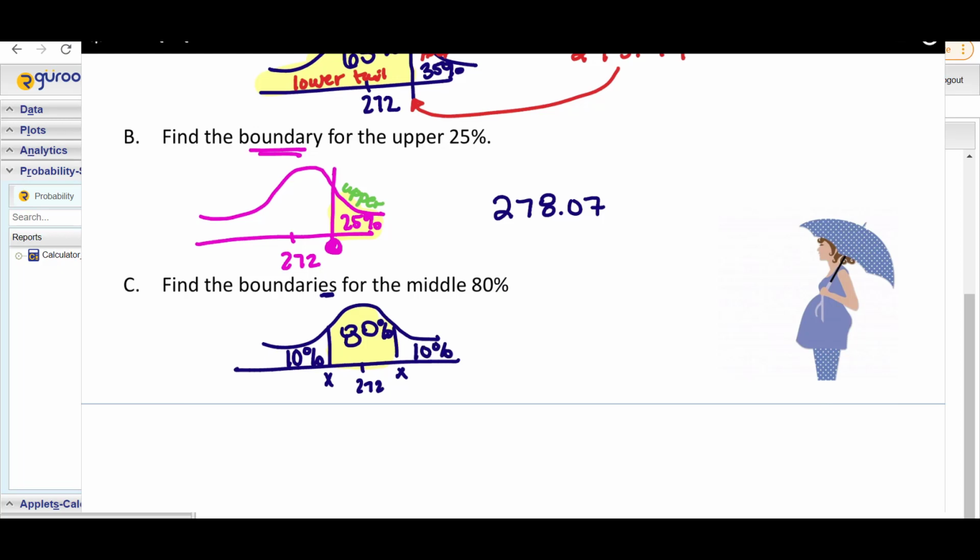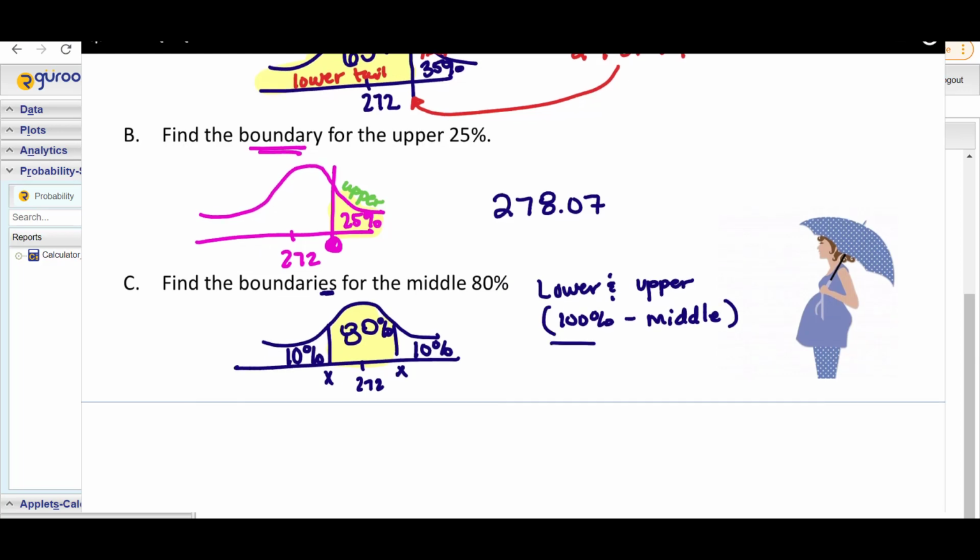So if they give you a middle, to find the lower and the upper tails, do 100% minus the middle, and then divide that by 2. So 100 minus 80 is 20, and 20 divided by 2 equals 10.